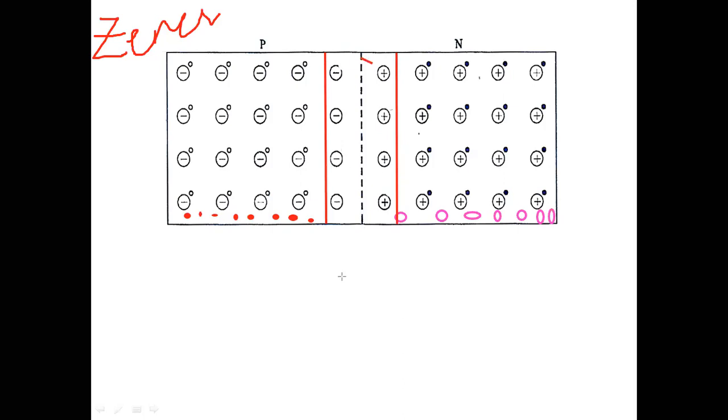Now see here, this electron wants to move towards p side, and this electron wants to move to this side, and this hole wants to move this side.